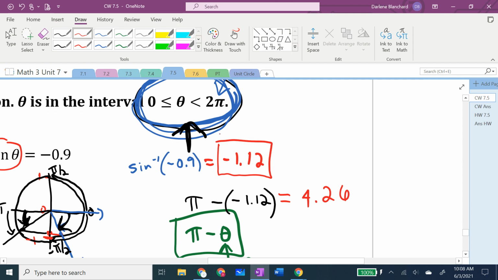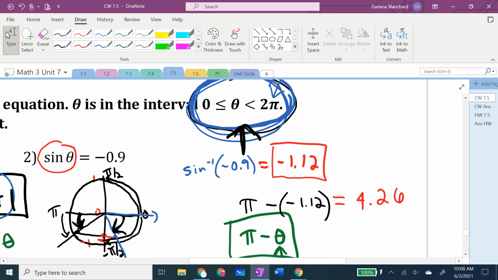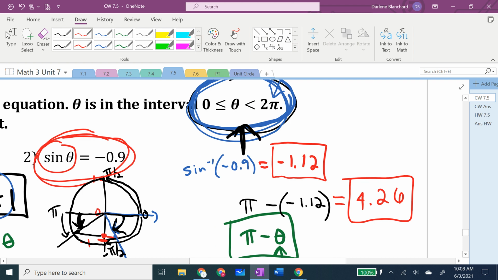Now, this radian measure is a solution to this equation. This radian measure is another solution to this equation. However, you're being asked technically in the directions to find two angles in between 0 and 2 pi. This one is an angle between 0 and 2 pi. This one is not.